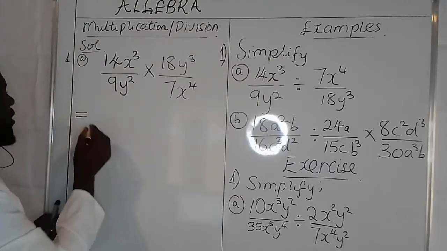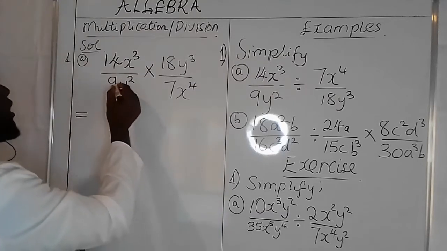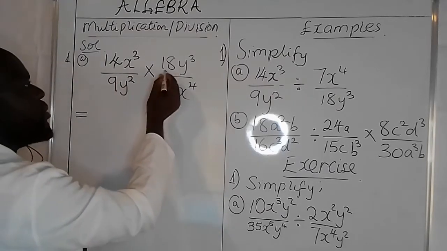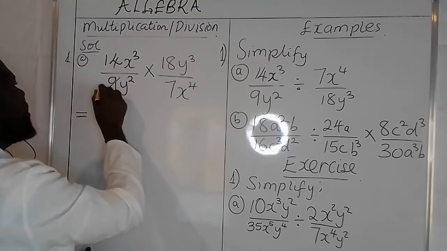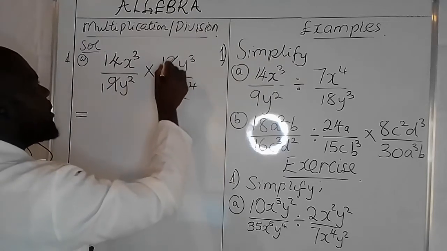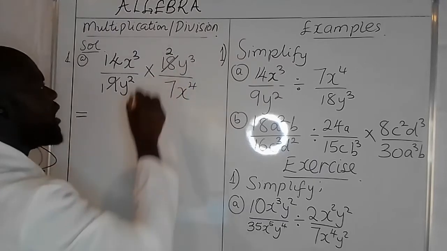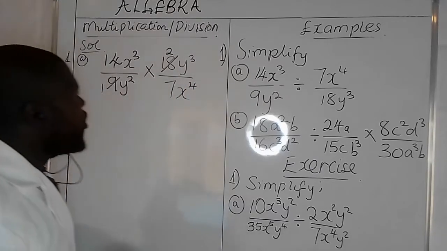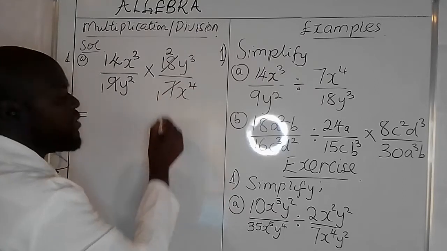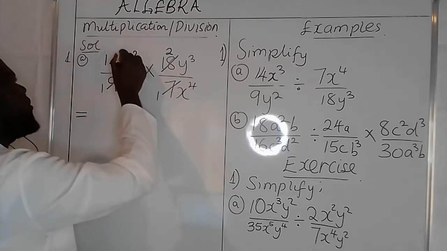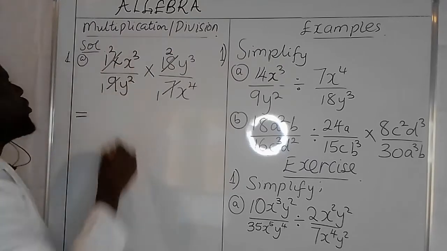So you can see that 9 can go into 18 two times. So 9 into 9 is 1 and 9 into 18 is 2. Also, we can say 7 into 7 is 1 and 7 into 14 is 2.